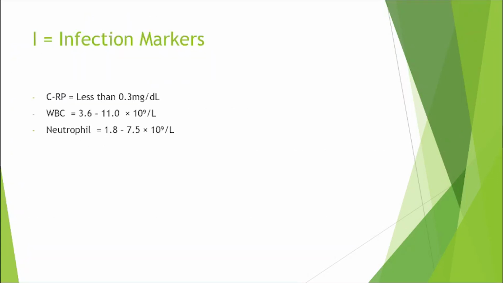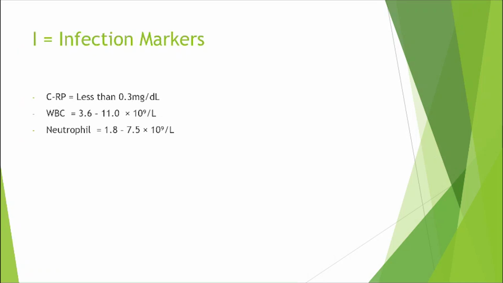Then next is I, infection markers. The first infection marker is CRP, C-reactive protein. Usually it's less than 0.3 mg per deciliter, but if it starts increasing, it indicates the presence of infection.